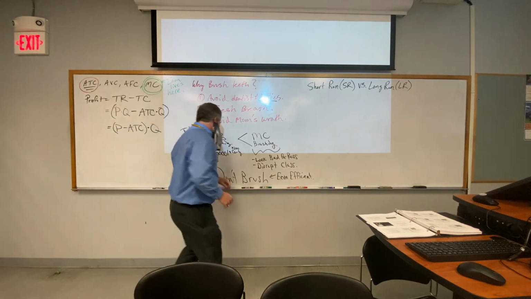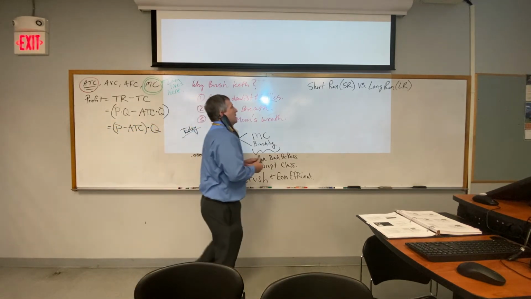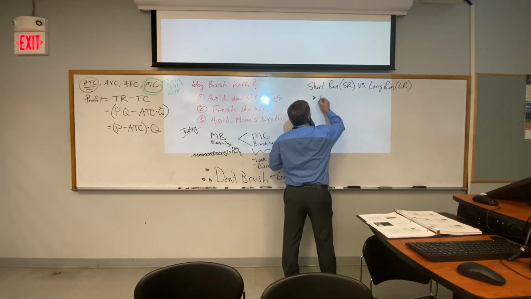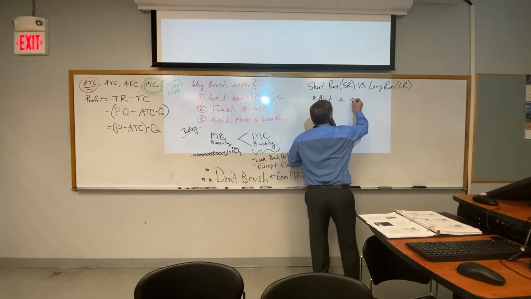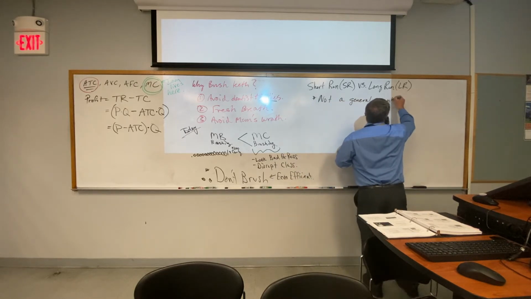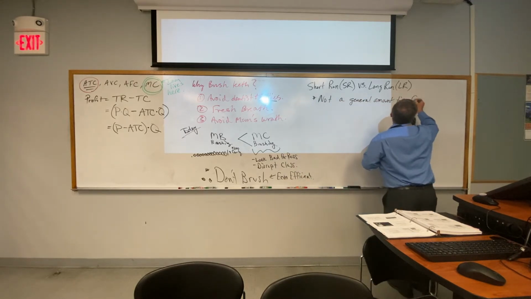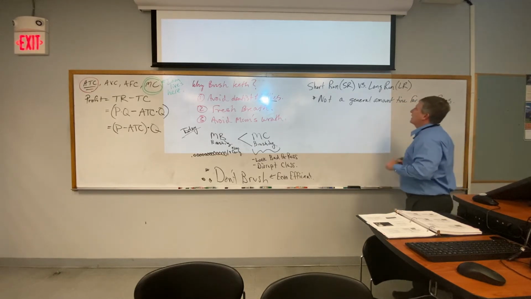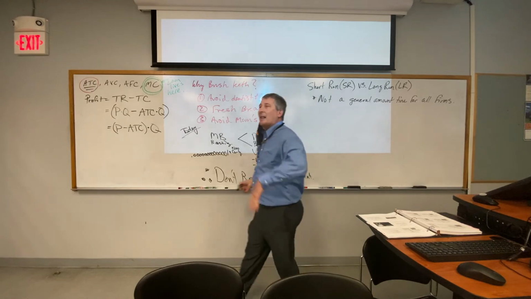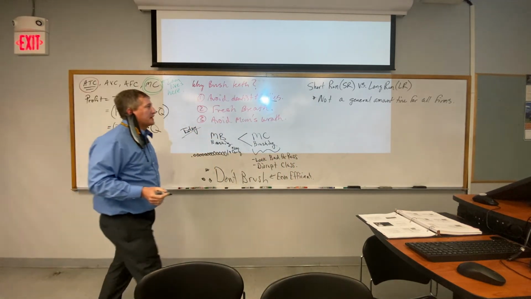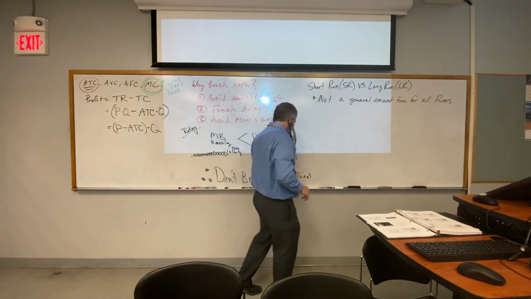So the first thing is that there is no specific time. There is not a general amount of time for all firms. It's not like 1 year, 2 years, or whatever. It's very specific to the firm.